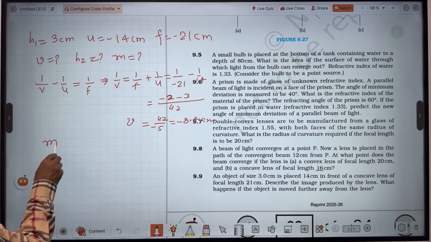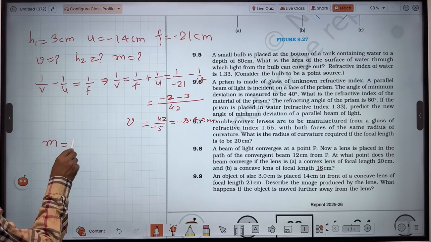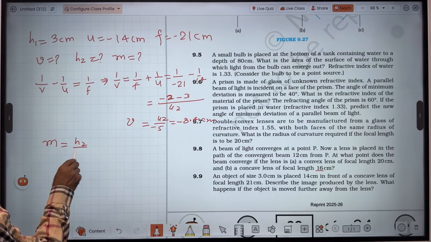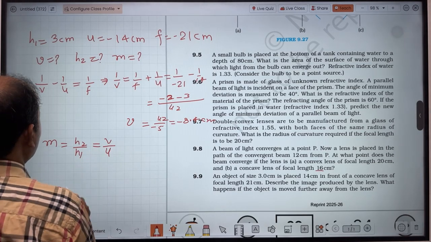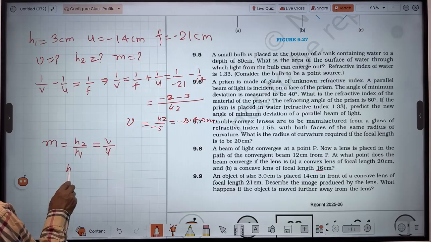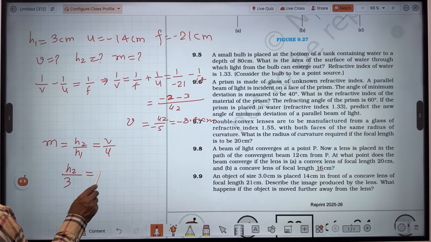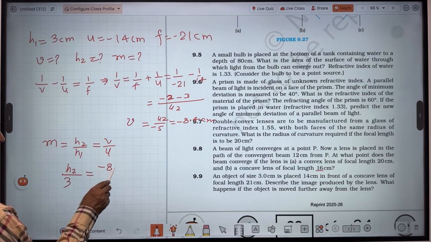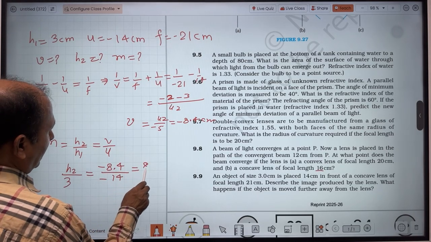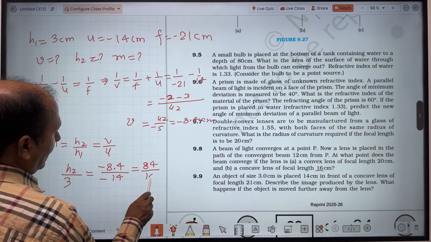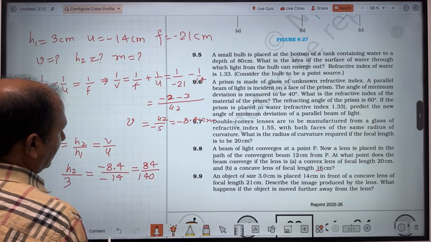Now we can find magnification. m equal to h2 upon h1 or v upon u. So here h2 is to be found. h1 is given as 3, equal to v, which we have got as minus 8.4 divided by u. u is given minus 14. So 84 divided by 140, right?